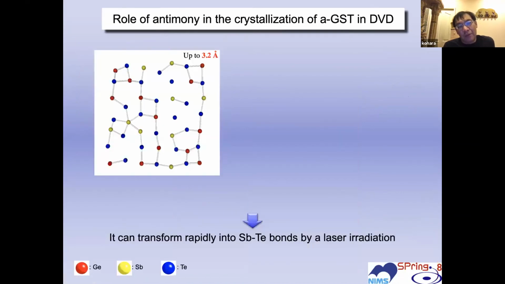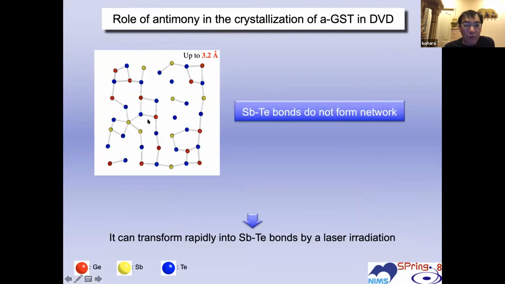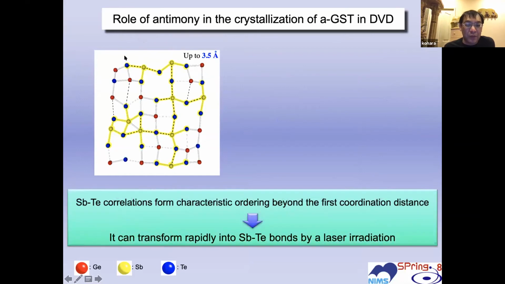So now let's discuss the role of antimony in the crystallization of the amorphous phase. If we consider correlation distance up to 3.2 angstrom, there is no network by antimony and tellurium. They are almost isolated. But if we increase the distance up to 3.5 angstrom, we can find a pseudo network.